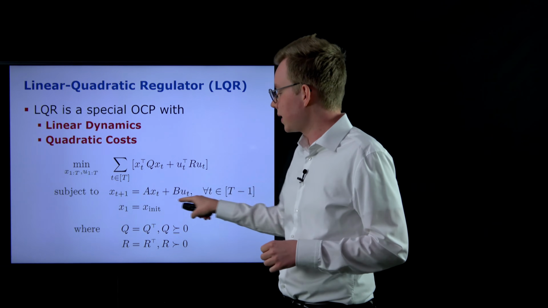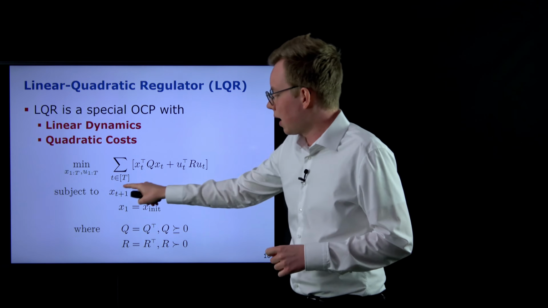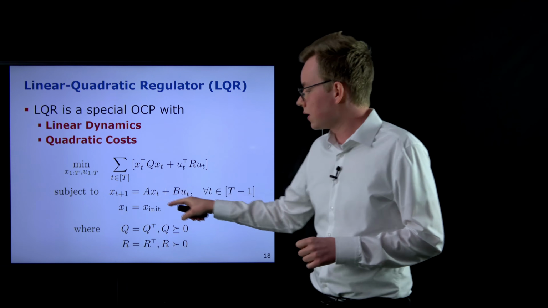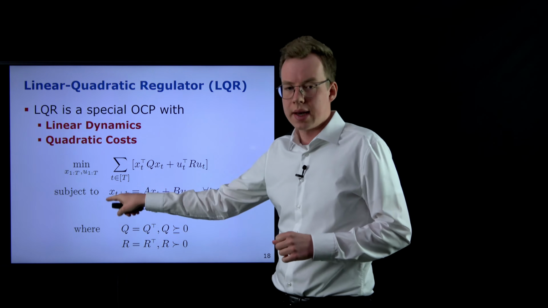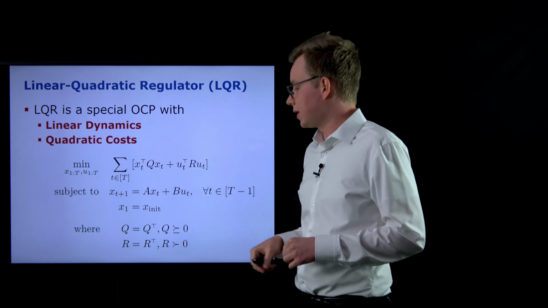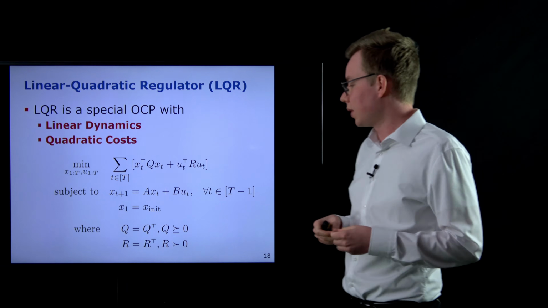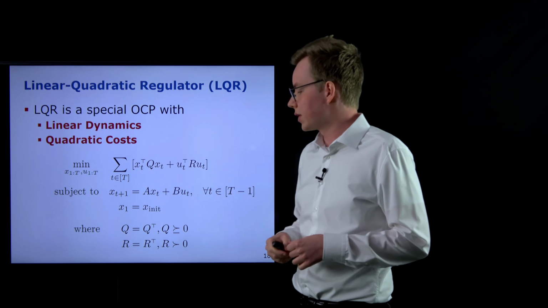And then our dynamics, so these are the quadratic costs, and then the dynamics, which are linear, take this form, where the state at the next time step is always A times x at the previous time plus B times u. So this is just a linear equation of how the state evolves over time. And of course we still have our initial conditions.